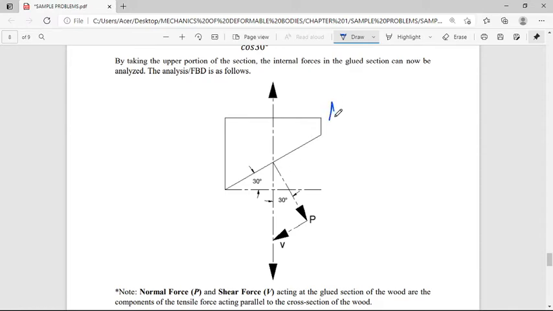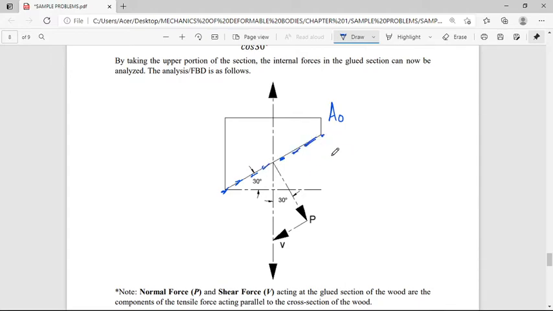Itong initial area natin na makikita nyo sa taas, when you look at the front face of the wood, and yung ating area na gagamitin natin, considering normal and shearing stress in the glued portion of the wood, is slanted like this or can be visualized like this.